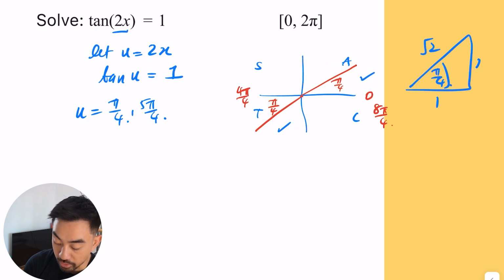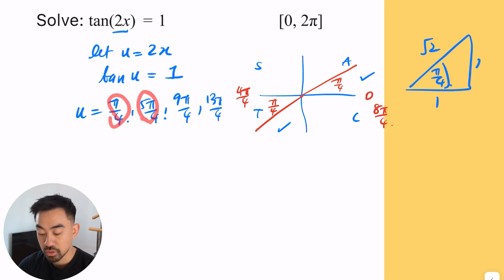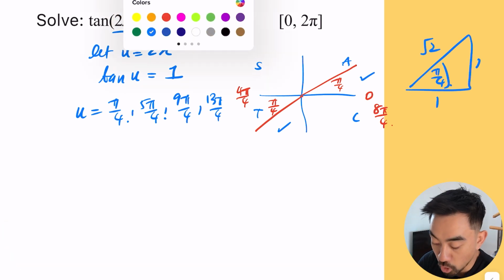So our solutions are going to be another 8 pi on 4 plus pi on 4, so that's 9 pi on 4, and 8 pi on 4 plus 5 pi on 4, that's 13 pi on 4. So you just need to add 2 pi to both those solutions because that is going around the circle twice. All right, so we're almost there.